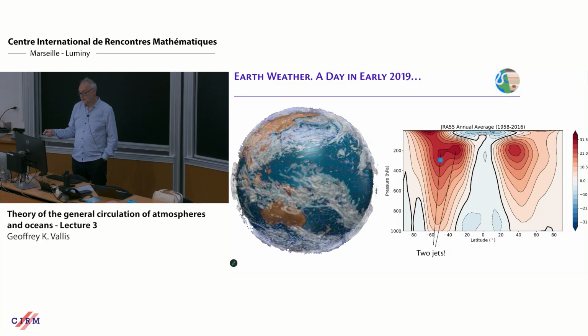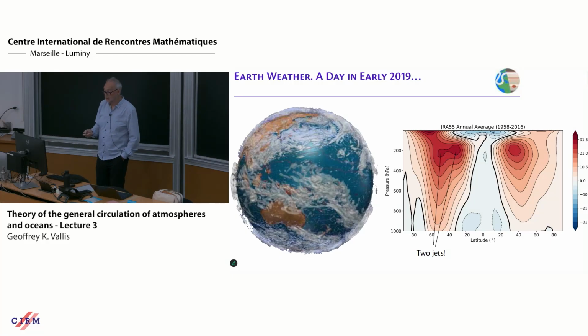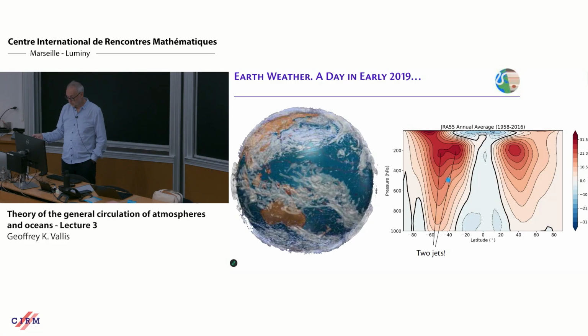And in fact, in the southern hemisphere, it appears that there are 2 jets. The jet here on the left is much more vertically uniform than this jet here. This jet here is actually the jet which is at the edge of the Hadley cell.